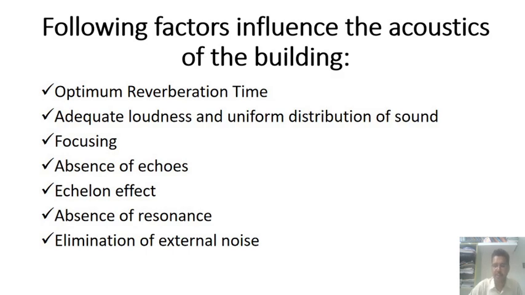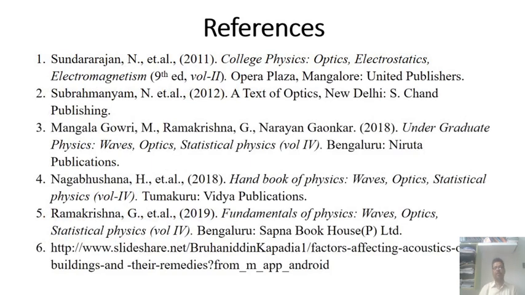Okay, finally, I have referred to these concepts using many different kinds of textbooks. One is from Sundarajan Sir, explained in a college physics book published by United Publishers. Similarly, Subramaniam has written a textbook of optics, published by Chand.